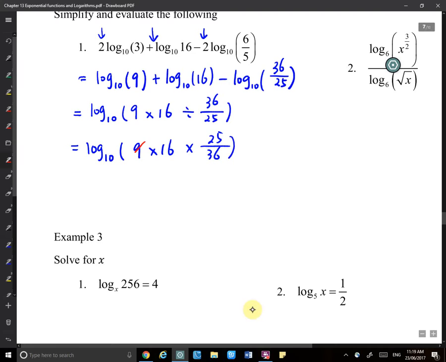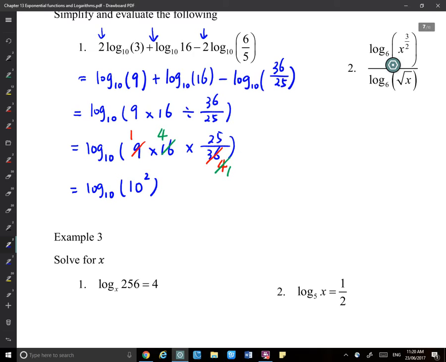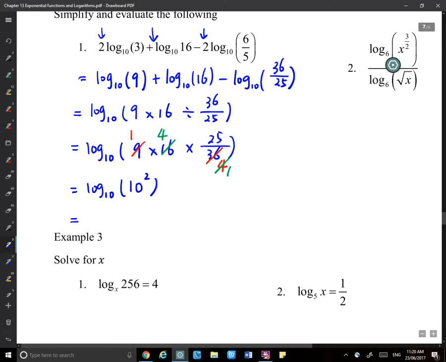What we can do is that become 1, that become 4. And that become 1, that become 4. That's log 10, 100. 100 is 10 to the power of 2. We want the number as the same as the base, so we want the number to the power of 2, 10 to the power of 2. So it's 2 log 10 10, which is just 2.